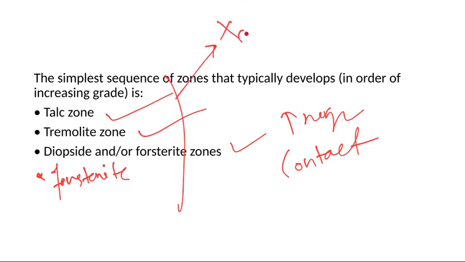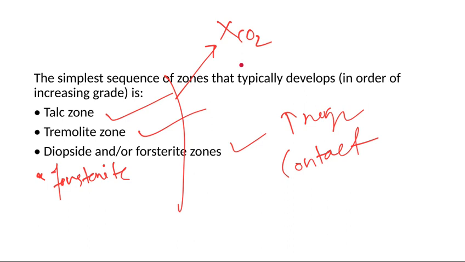They depend on XCO2, that means the amount of carbon dioxide. The sequence of zones is always talc, tremolite, diopside, periclase. But how many zones will be there?